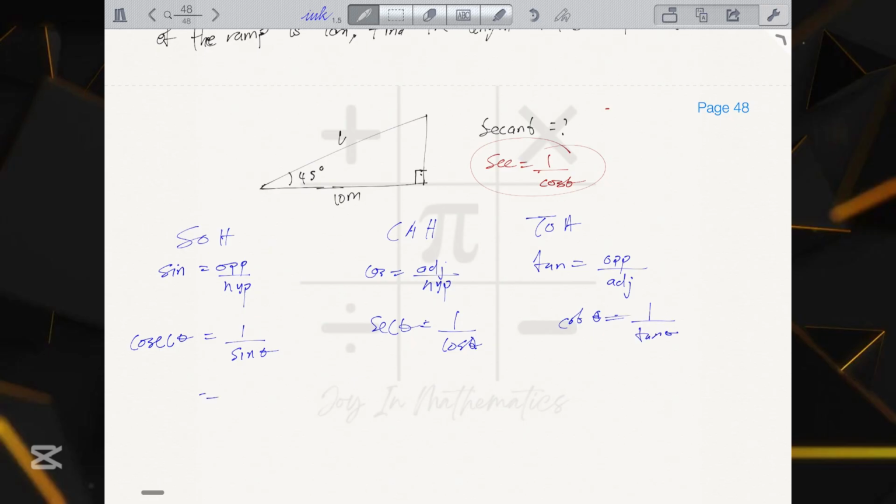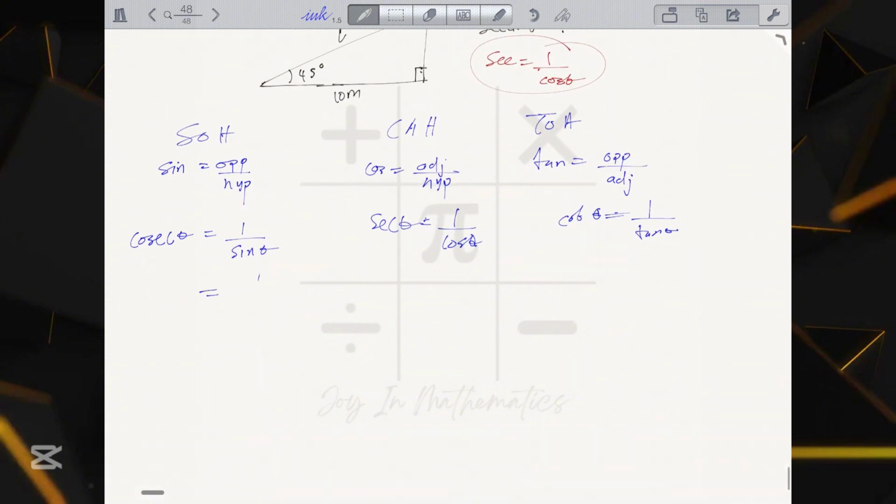So let's input the values now. Sine theta is opposite over hypotenuse. Sec theta would give us 1 over adjacent over hypotenuse, and cot theta will give us 1 divided by opposite over adjacent.